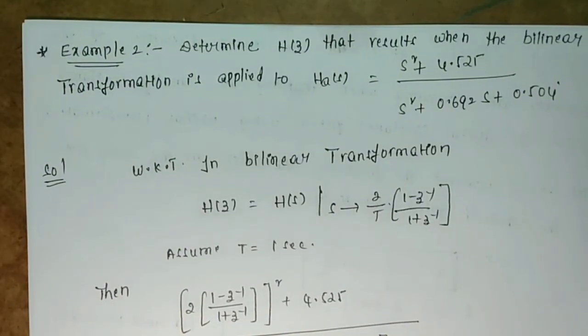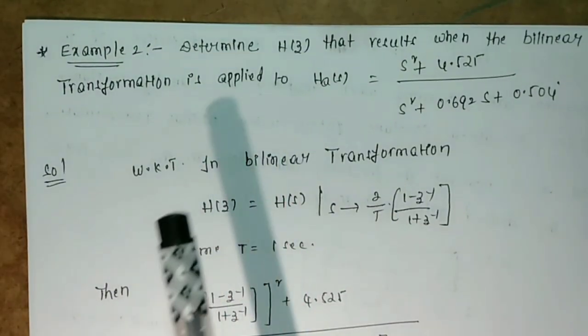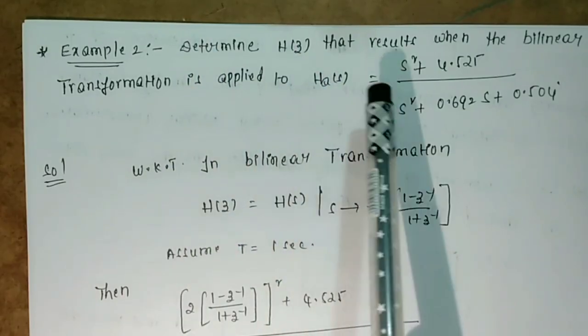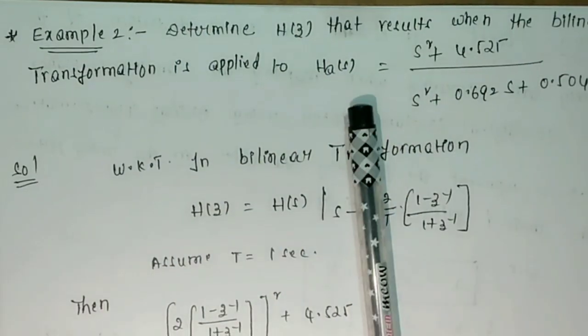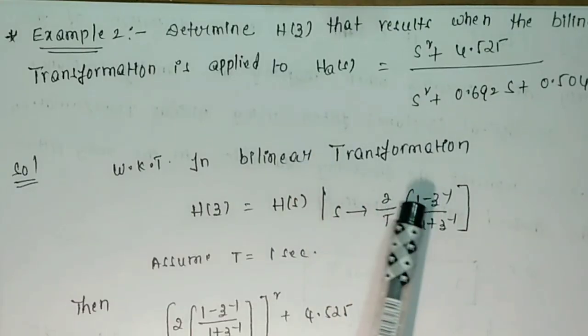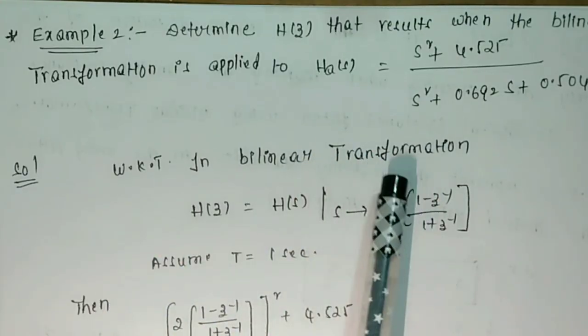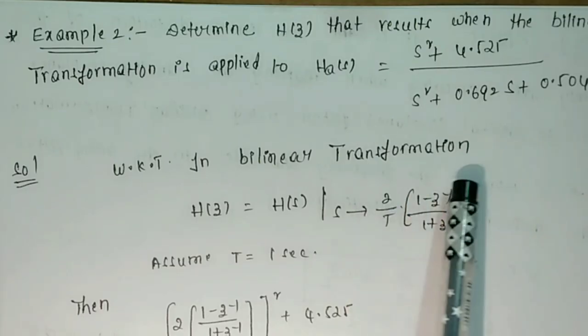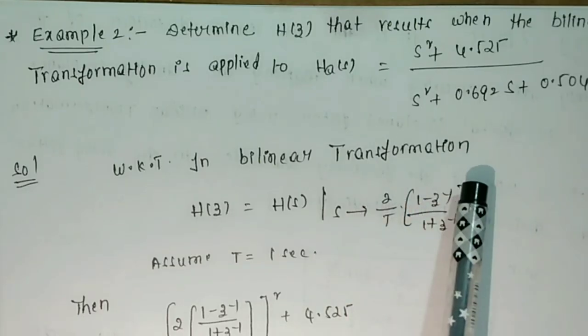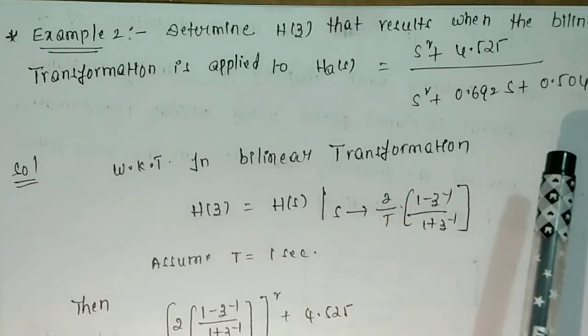Here also, determine the H of z that results when the bilinear transformation is applied to Ha of s equal to (s square plus 4.525) divided by (s square plus 0.692s plus 504).